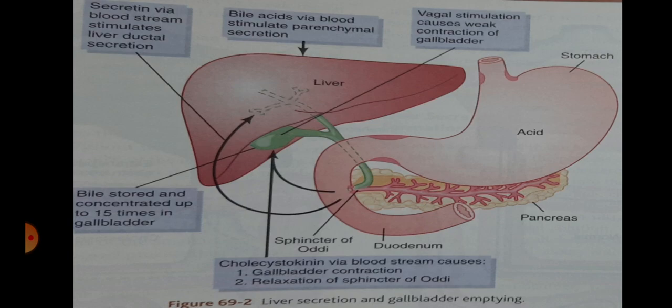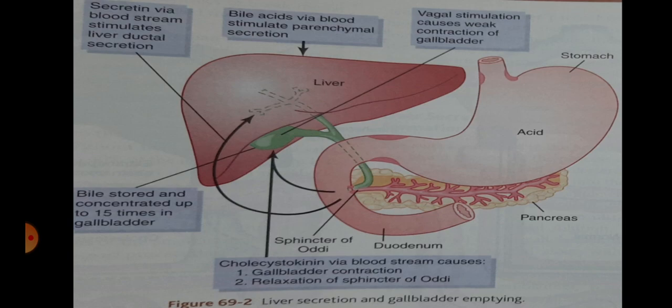We can see in figure 69.2 the secretion of bile, its storage in the gallbladder, and its ultimate release from the gallbladder to the duodenum.